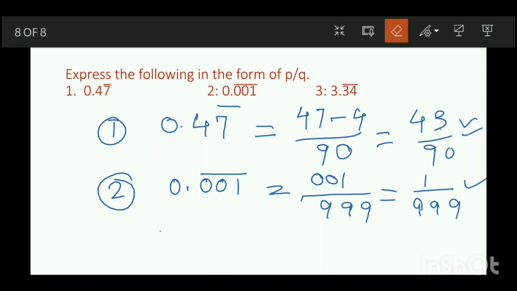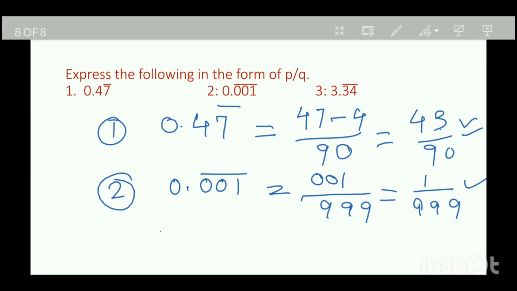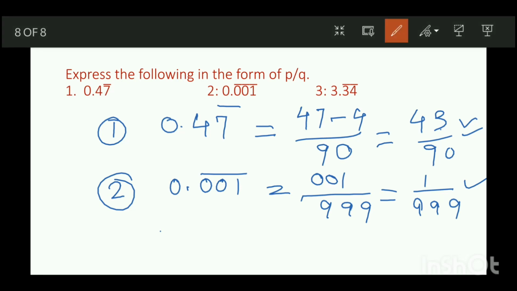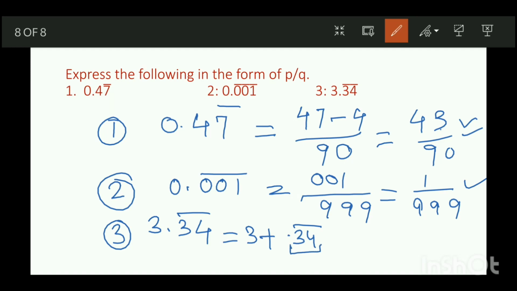Now we will solve question number 3. 3.34 bar. We can write this as 3 plus 0.34 bar. For this portion we will use formula number 1.